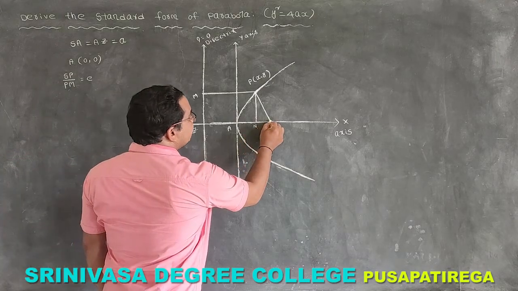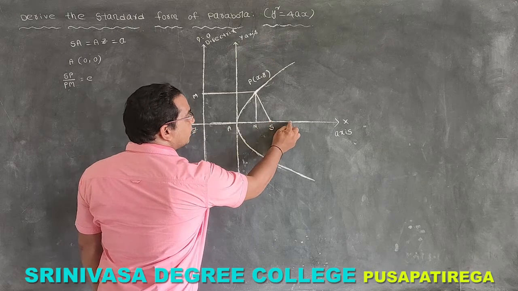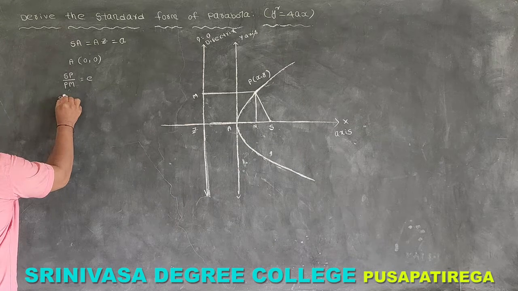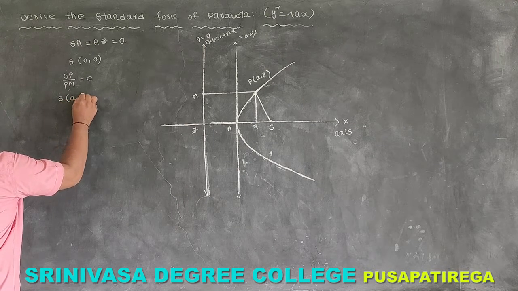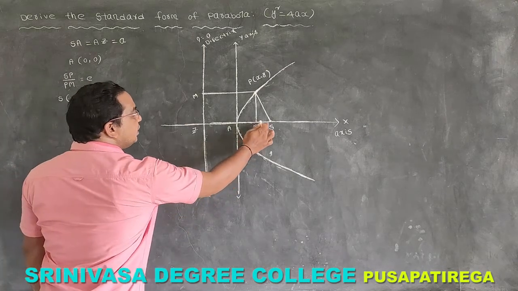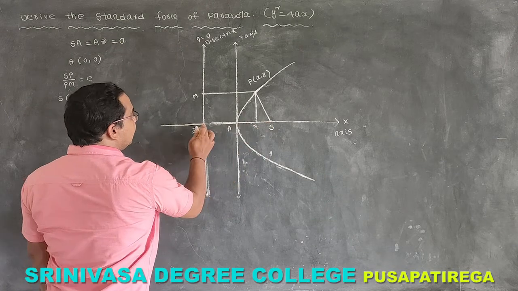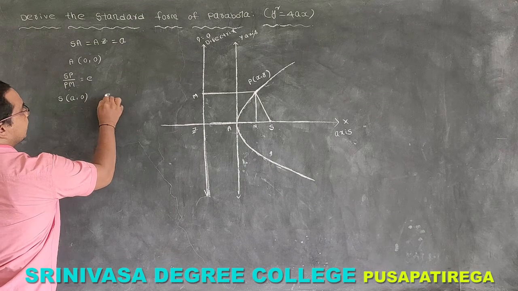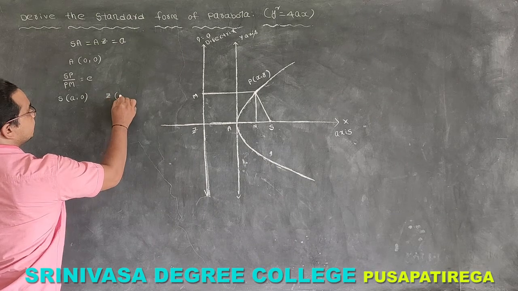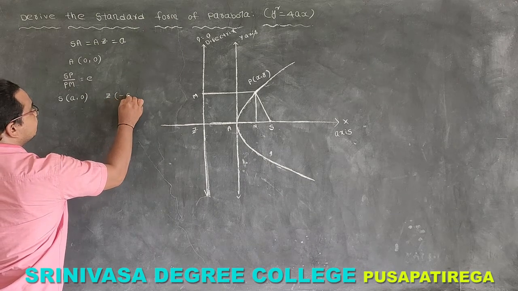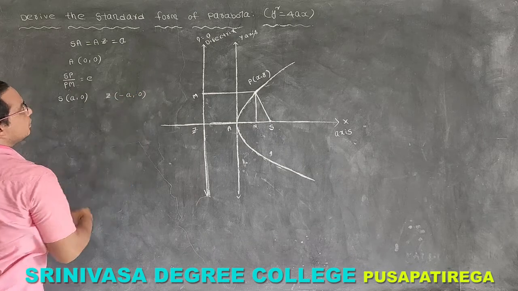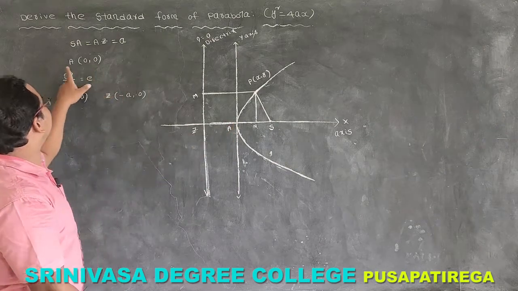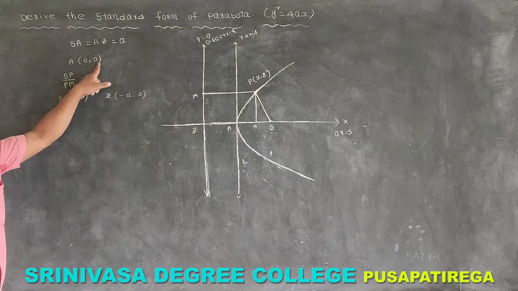Here S is a point on the axis, so the coordinates of S are (a, 0). S is on the positive x-axis and Z is on the negative x-axis. That's why the coordinates of Z are (-a, 0), and A is the origin, so the coordinates of A are (0, 0).